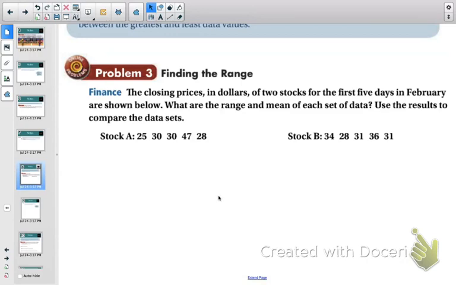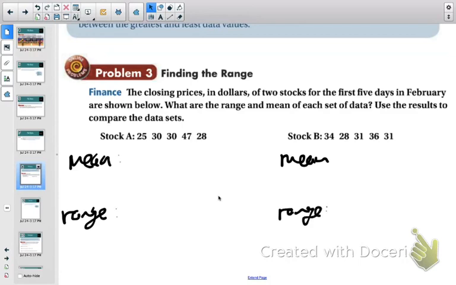So if we find the mean first, we're going to add them all up and then divide by 5. So the mean, 25 plus 30 plus 30 plus 47 plus 28, we're going to divide that by 5.